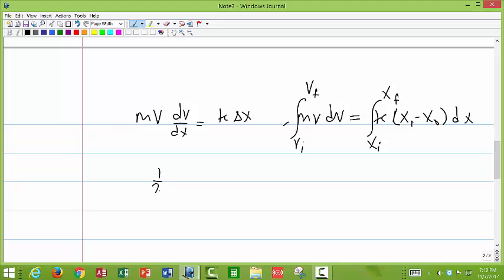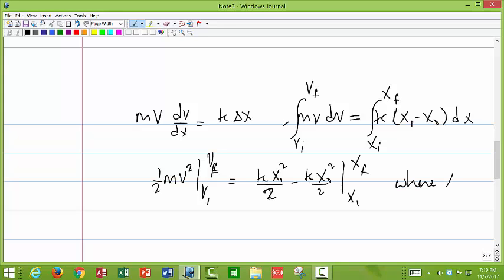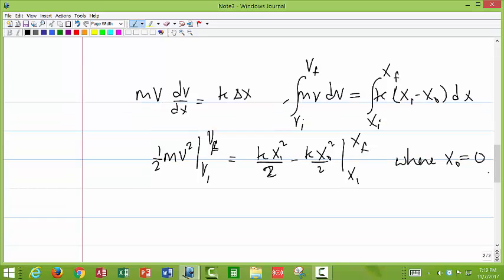Then we have half m v squared from v initial to v final equals k x1 over 2 squared, where we can take x0 to be 0 to simplify everything.